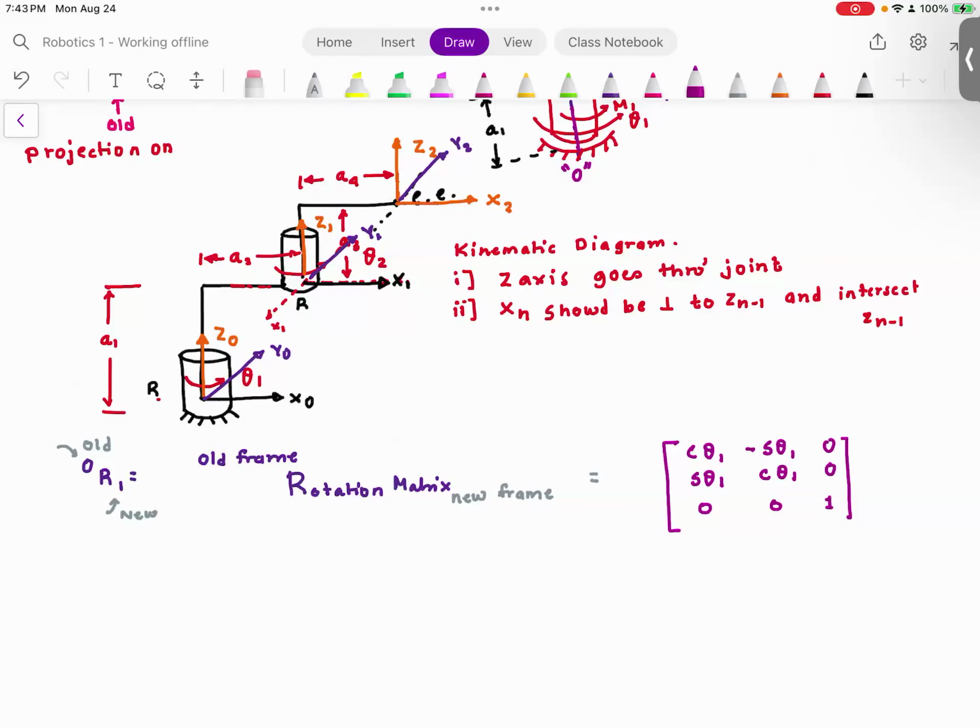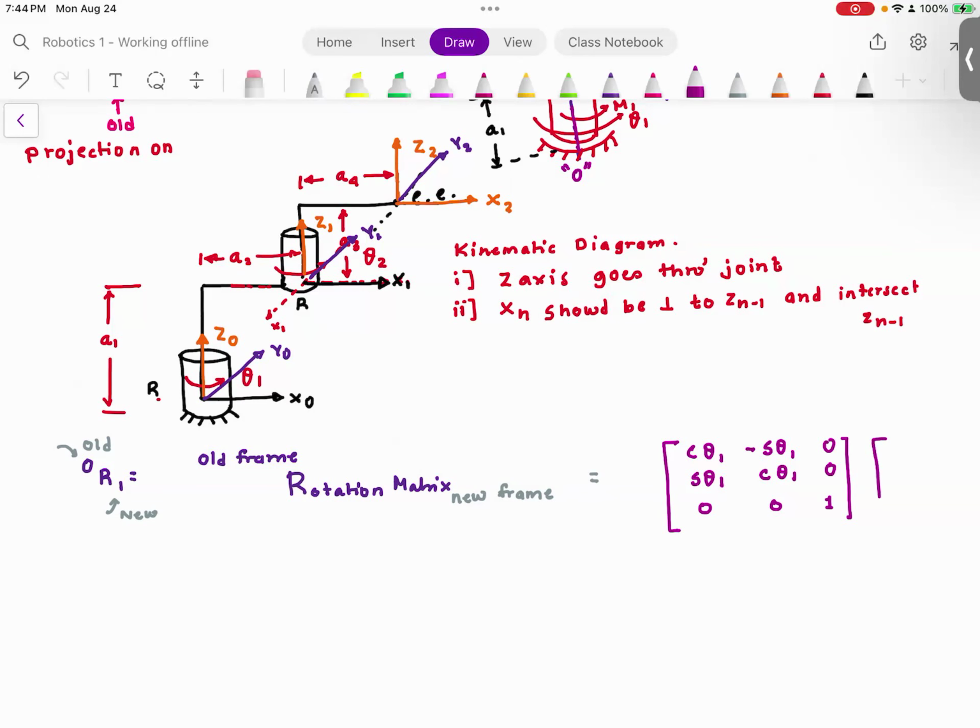Now here is another important problem. When you solve a robotics problem, you are going to deal with frames that are not aligned. What do I mean by not aligned? Whenever you find a rotation matrix, every rotation matrix must be multiplied by the projection matrix. What is this projection matrix?